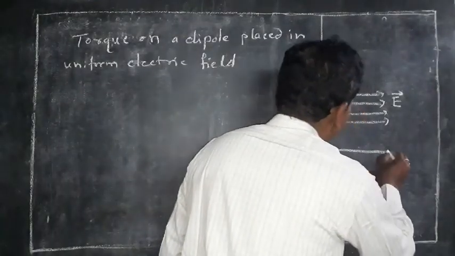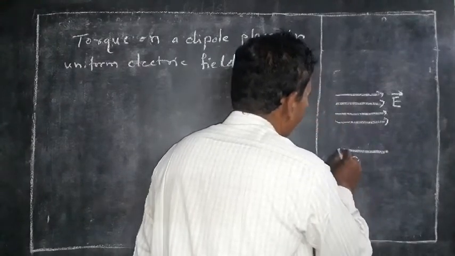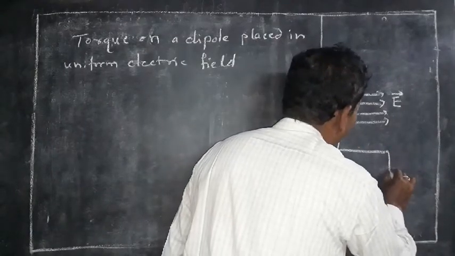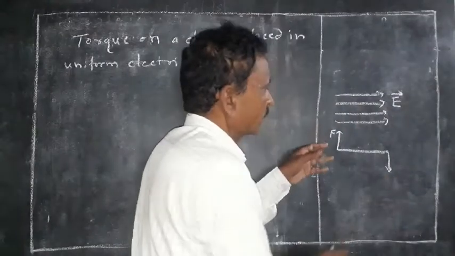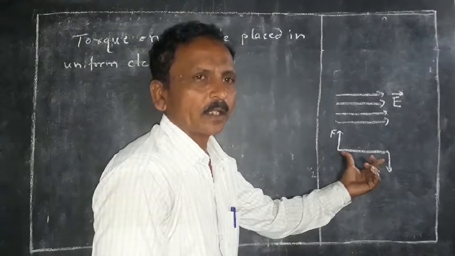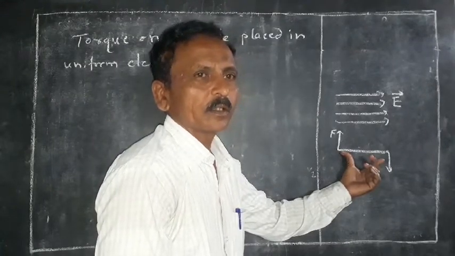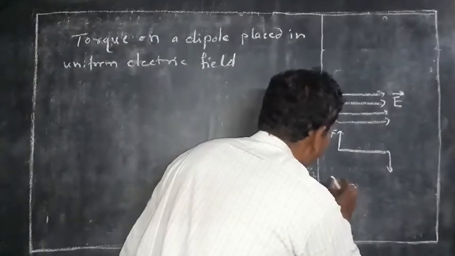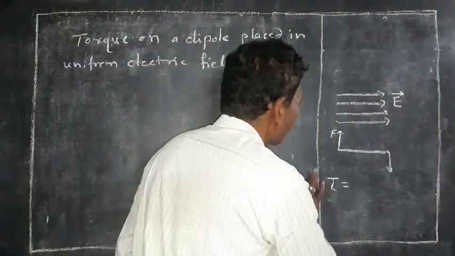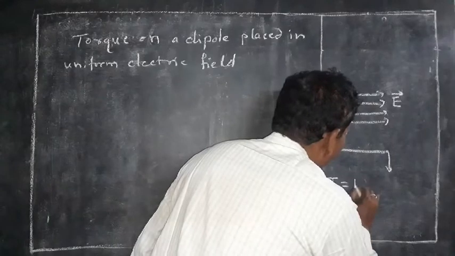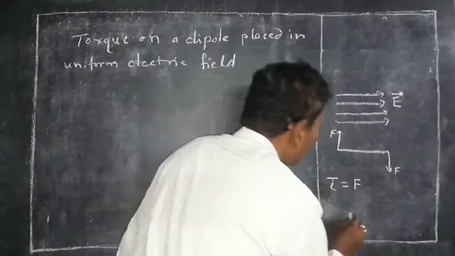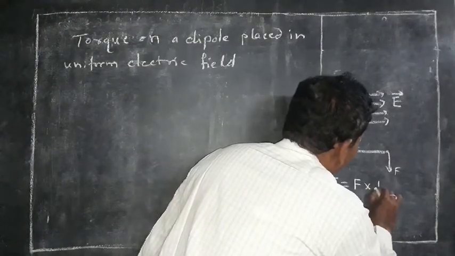Consider a body of length L, two forces F and F, equal forces acting in opposite directions at two different points of a body, and it constitutes a couple. And the moment of couple is called torque and is denoted by tau. Moment of couple, or torque, is given by the product of either of the forces, take any one, these are equal, into the perpendicular distance.